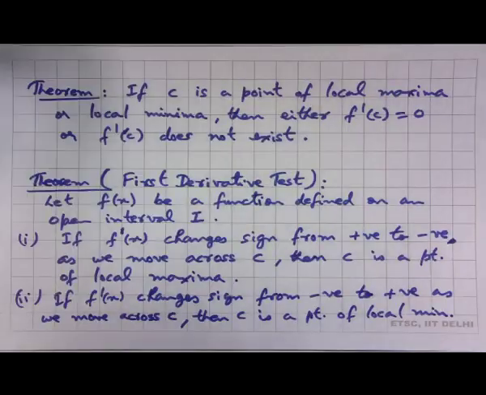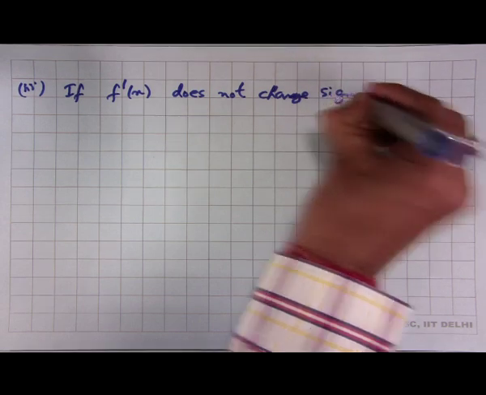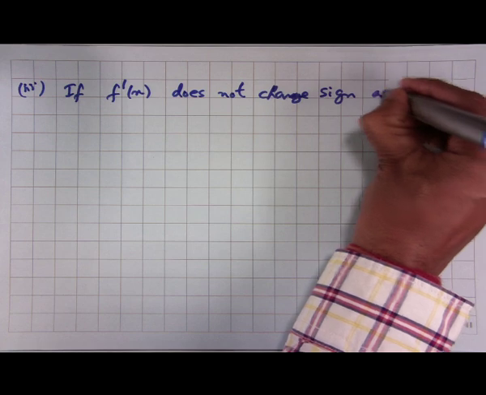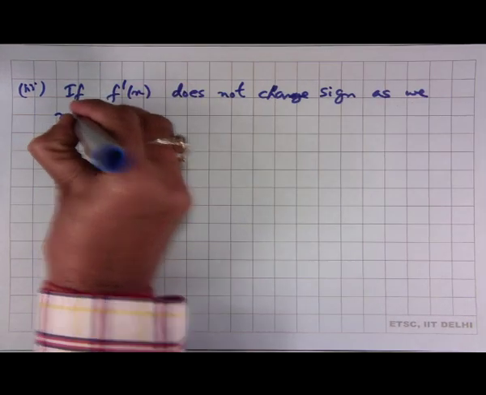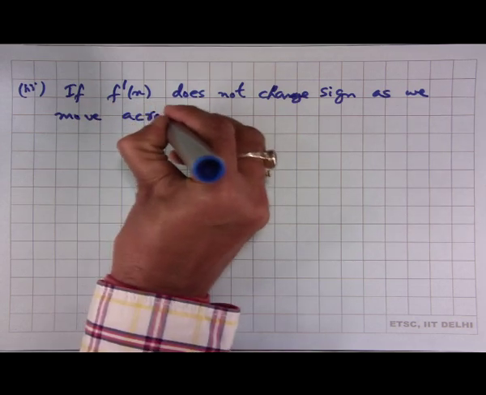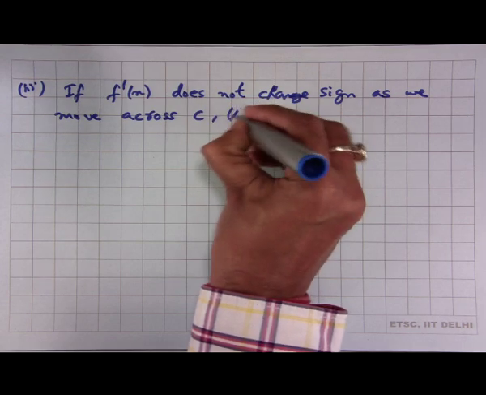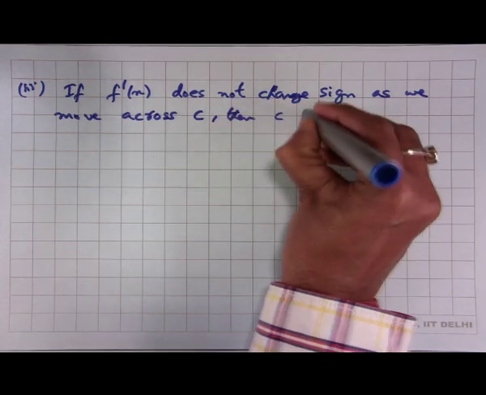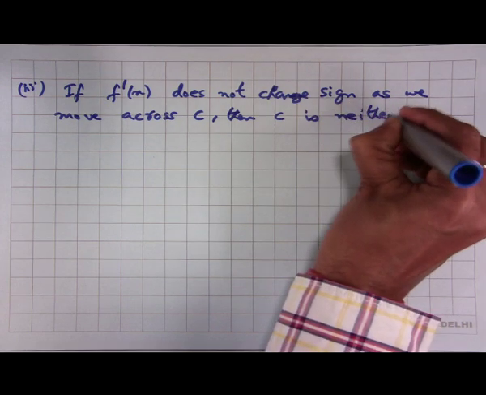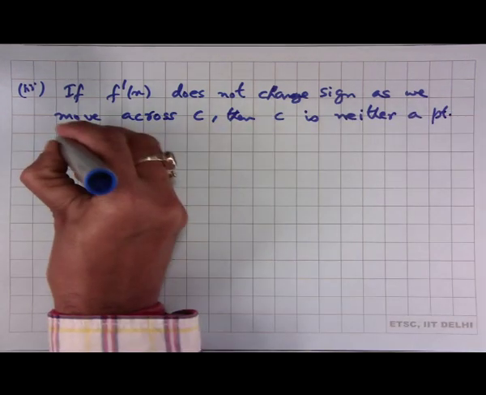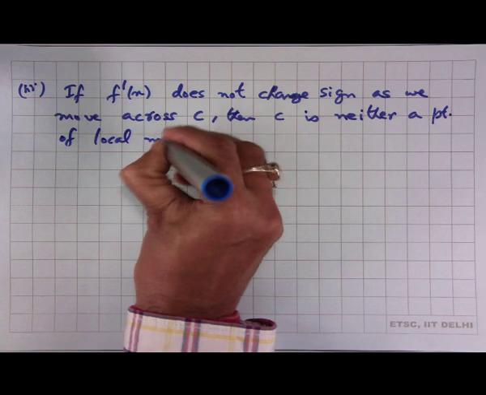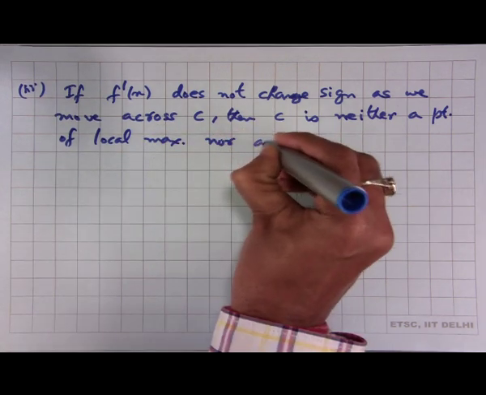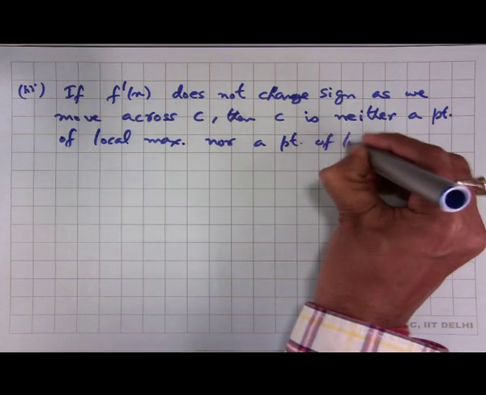So, this is a point of local minima, and if f prime x does not change sign as we move across C, then C is neither a point of local maxima nor a point of local minima.